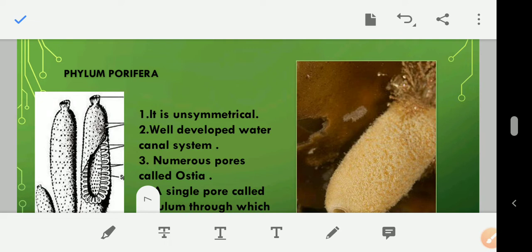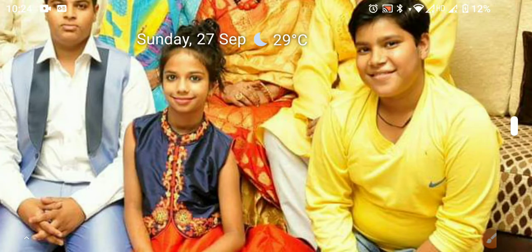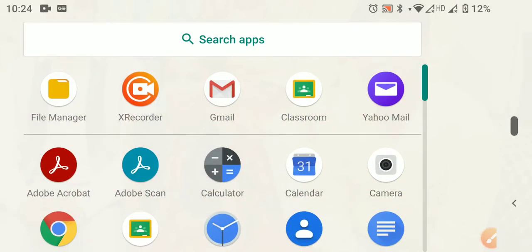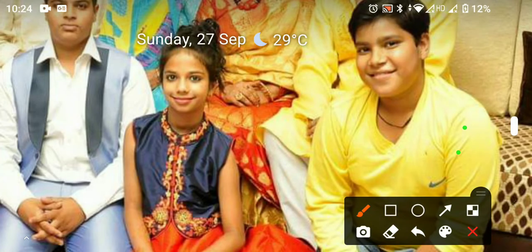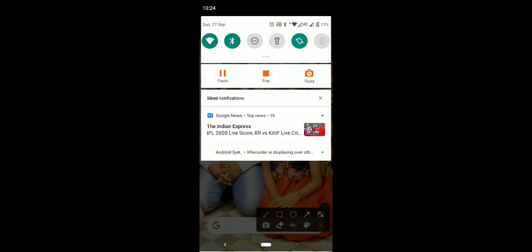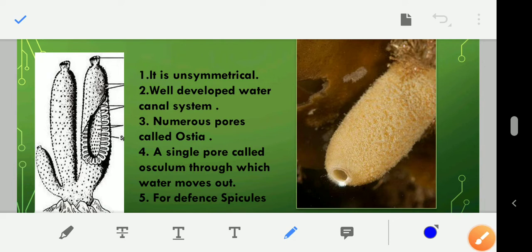On the body of the animals of the phylum Porifera, you can notice there is a small pore-like structure. These small pore-like structures are called ostia, from where the water enters.